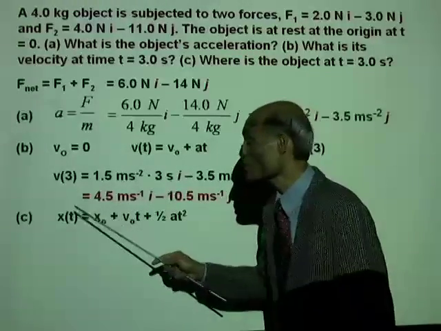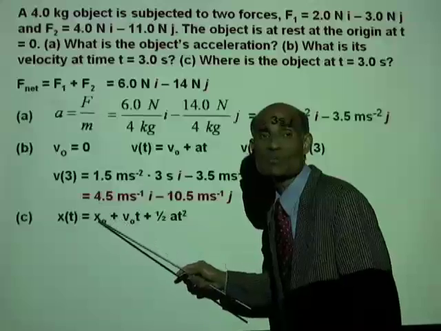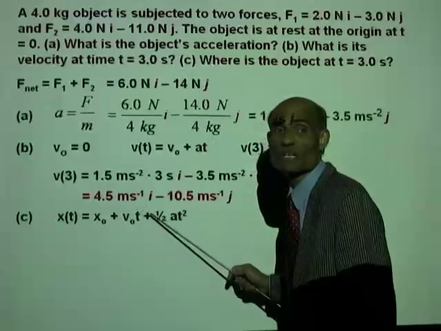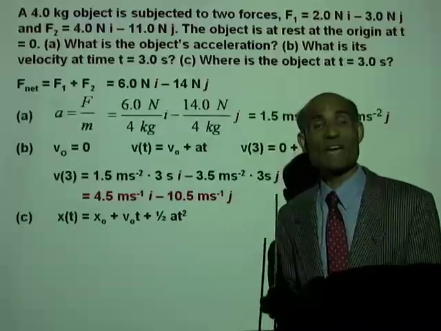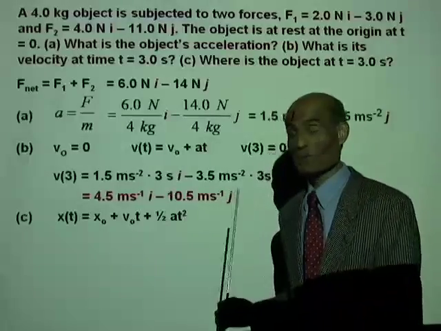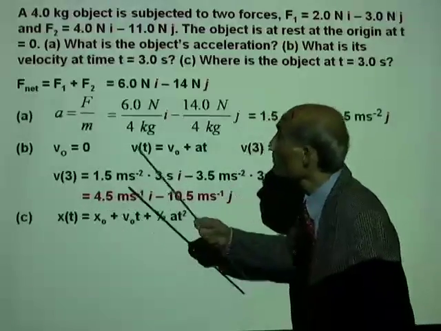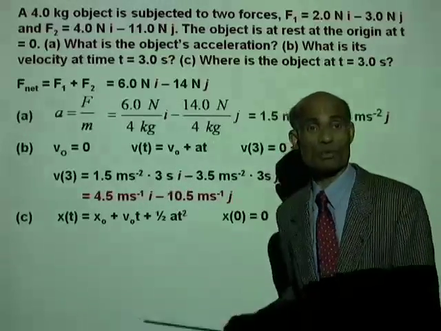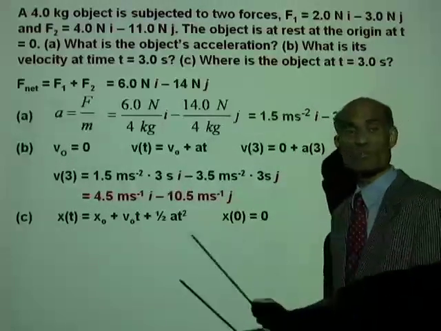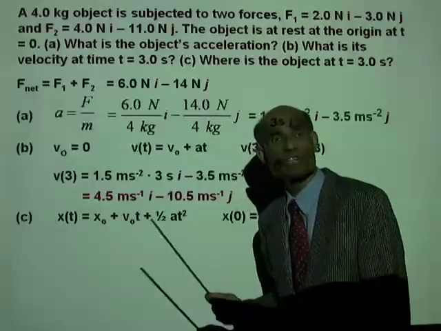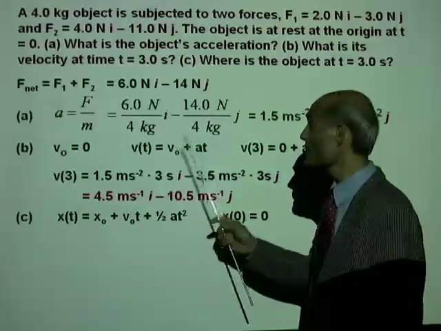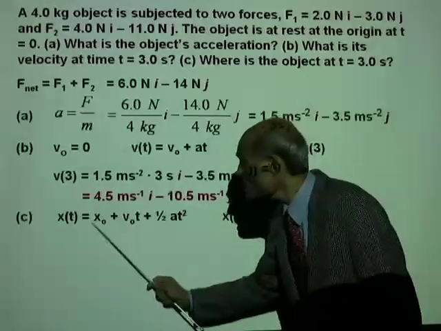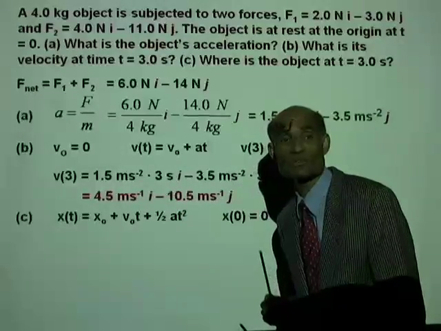And look at this equation. x of t equal to x0 plus v0 t plus 1/2 a t squared, where x0 is 0. We will assume that the object is at the origin. So x0 is 0. What is v0, the initial velocity? It is 0. Yes. So these two terms will simply cancel.